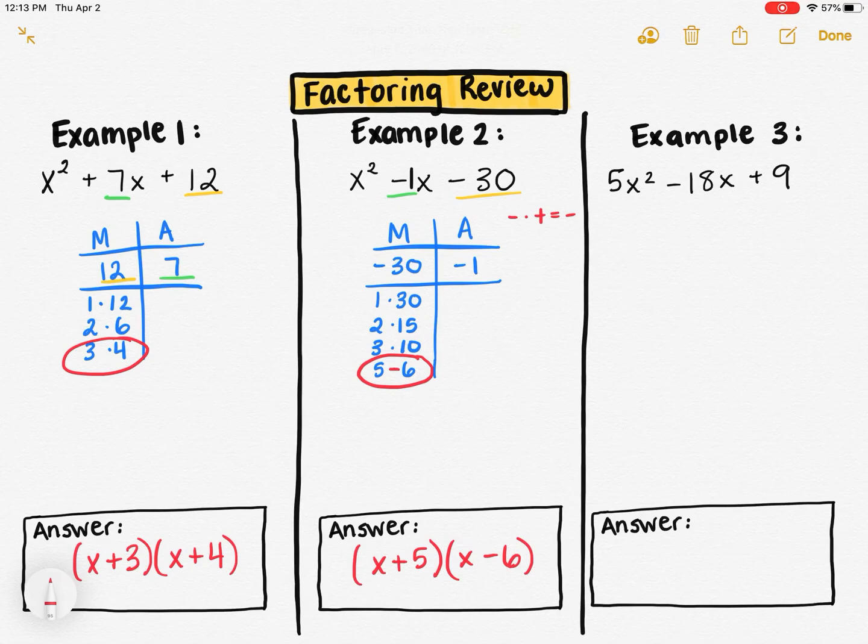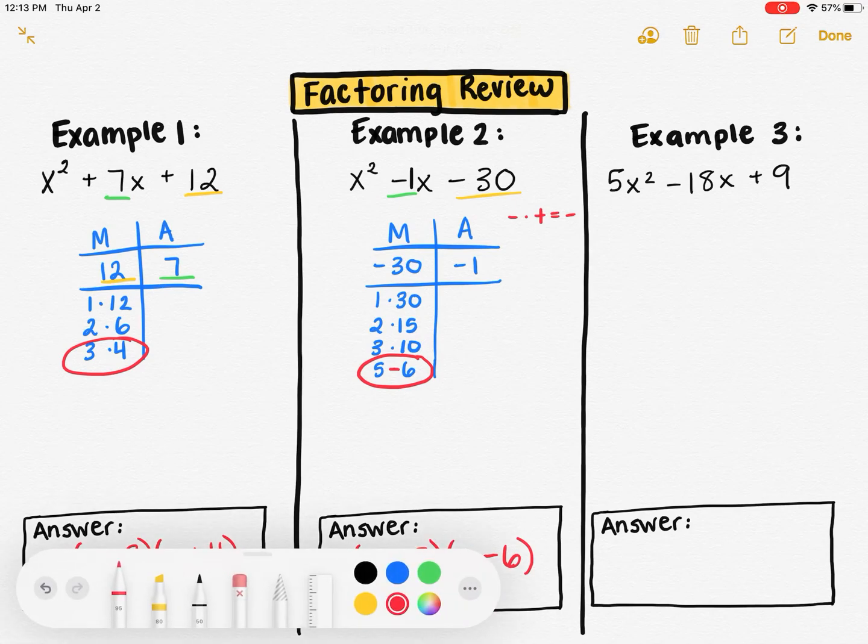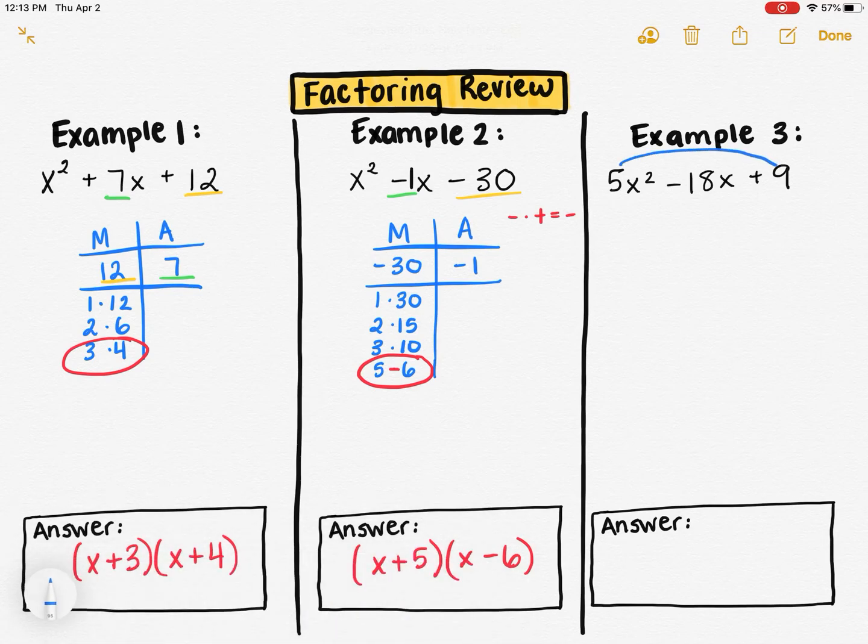All right, last example. This one is a little bit different because we have a 5 in front of the x squared. And in the last two examples, we did not have a number in front of x squared. So this takes a couple extra steps. So the first step, because we have this 5 in front, is we need to take 5 and 9 and multiply them.